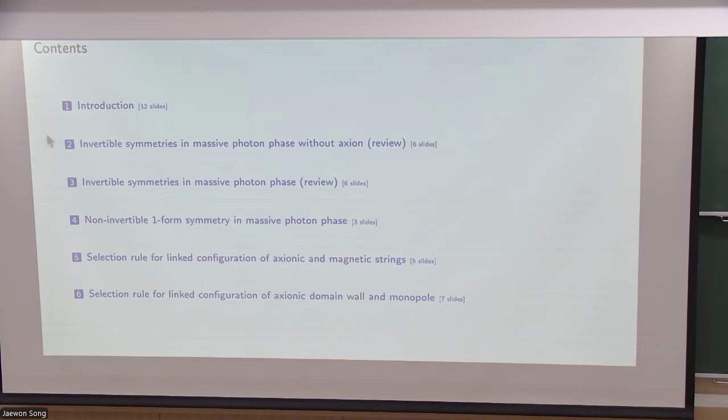After these review parts, I'd like to discuss the non-invertible one-form symmetry in the massive photon phase. By using the non-invertible one-form symmetry, I'd like to derive the selection rule for the linked configuration of the axionic and magnetic strings. Finally, I'd like to comment on the selection rules for the linked configuration of the axionic strings, axionic domain wall and the magnetic monopole.